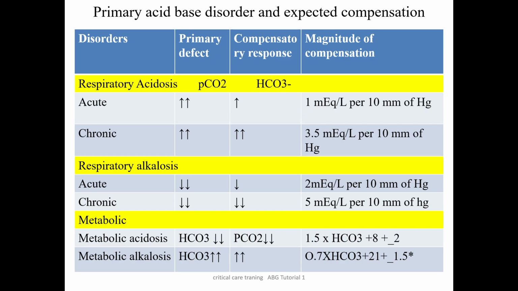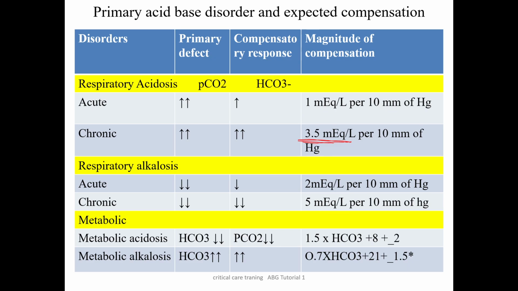So in acute condition, the bicarbonate will not be absorbed, but after 48 hours of CO2 retention, the kidney will start responding, and that's why in chronic respiratory acidosis, for every 10 millimeter rise, there is a 3.5 milliequivalent rise of bicarbonate. Similarly, in respiratory alkalosis there are two conditions. In acute condition, there will be a drop in the PCO2 and a drop in the bicarbonate, 2 milliequivalent for every 10 millimeter drop in the PCO2. And in chronic condition, the renal system will compensate by 5 milliequivalent per 10.